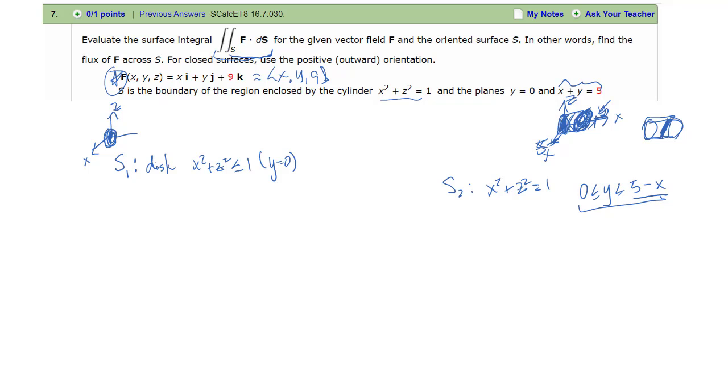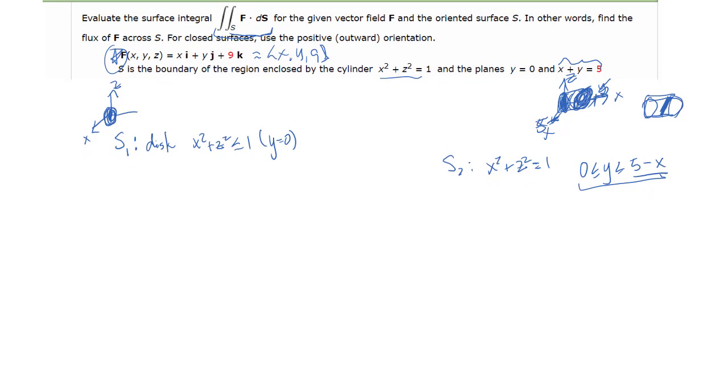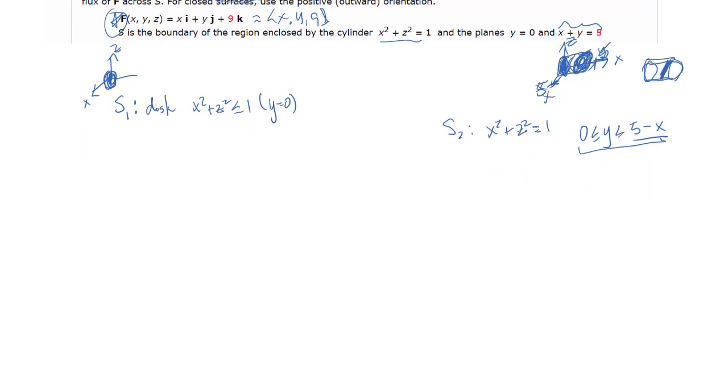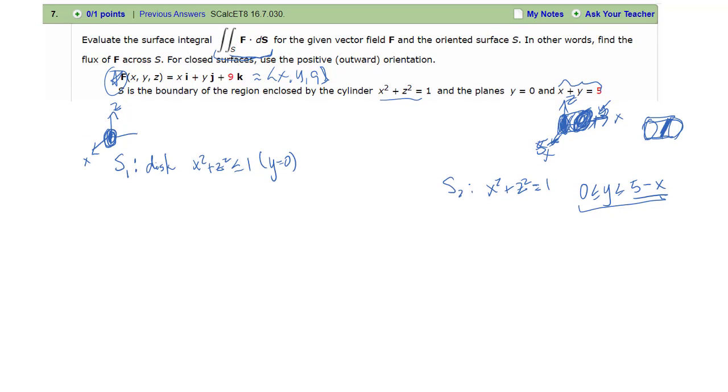This will help us find our limits of integration. And then our S3, let's put S3 over here, and then we'll move it a little bit later. But S3 is going to be the disk. It's this disk over here. And so that disk is really coming from a plane.